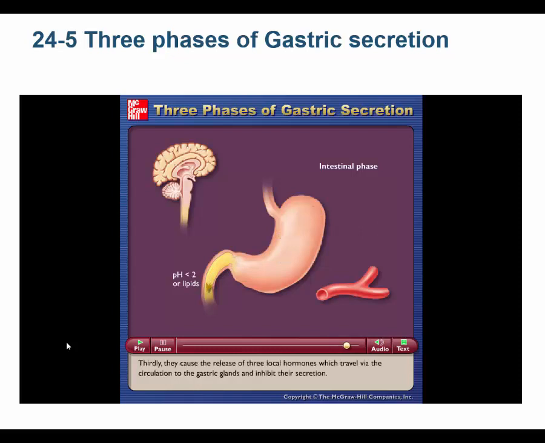Thirdly, they cause the release of 3 local hormones which travel via the circulation to the gastric glands and inhibit their secretion. All right. You can see the short reflexes and the long reflexes there, and the enteroendocrine reflexes there. You can see all of them.